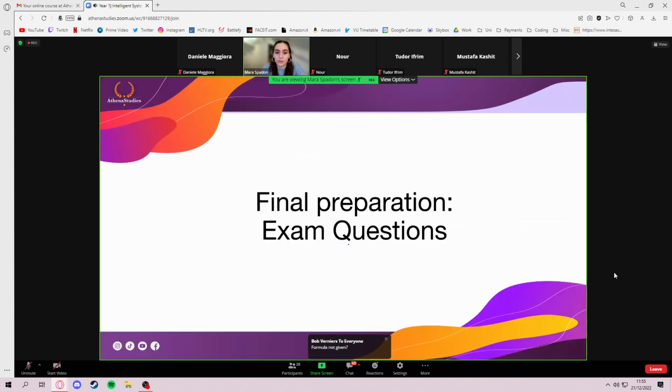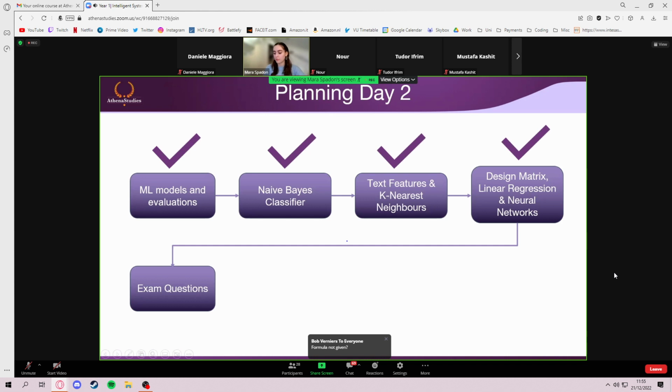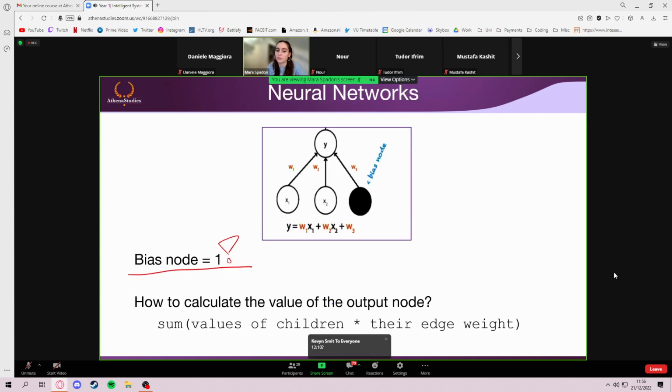Okay. So now we're going into our exam questions. So let's have our 15-minute break. Is the formula not given? I don't think it is on the cheat sheet. I'm not sure.